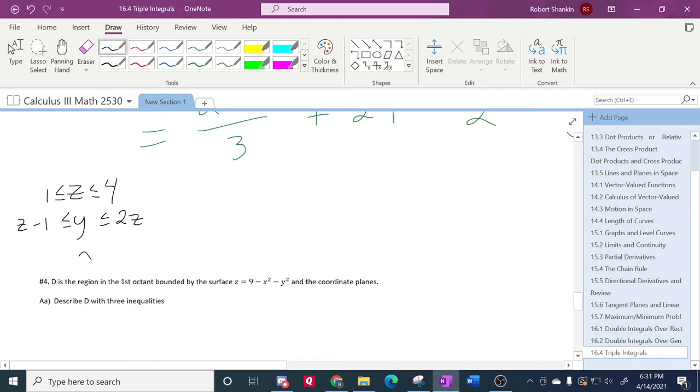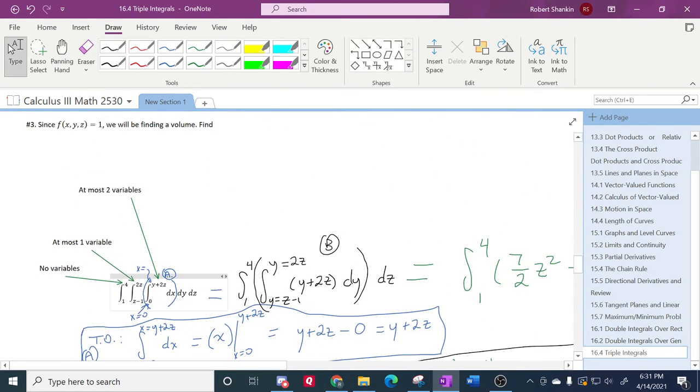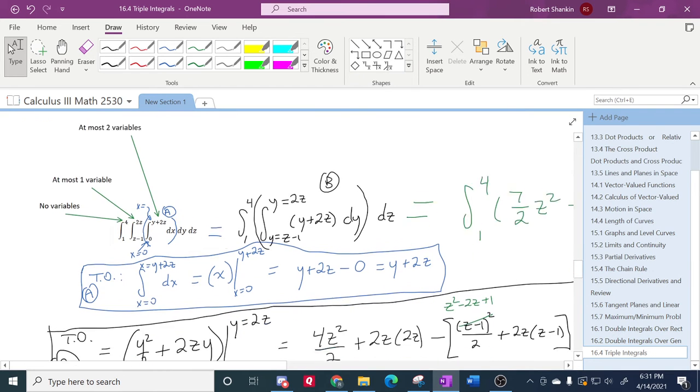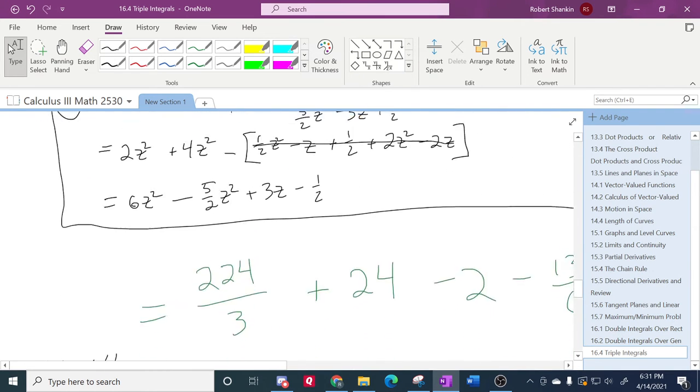Then the innermost x is between 0 and y plus 2z.